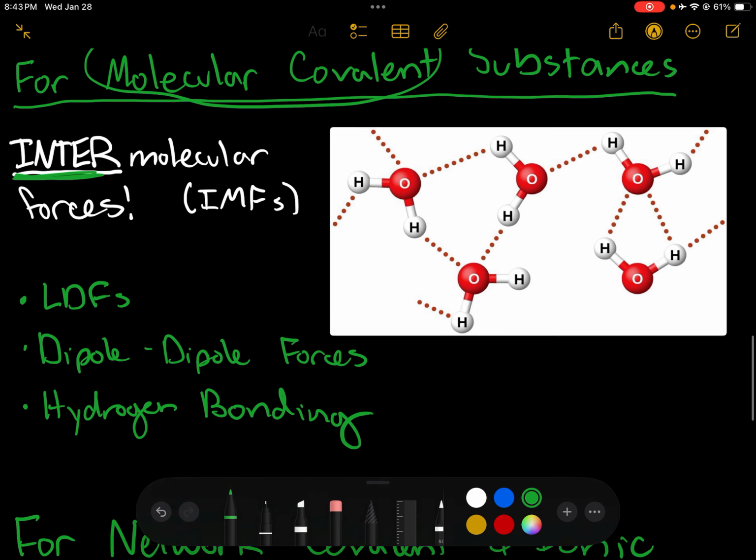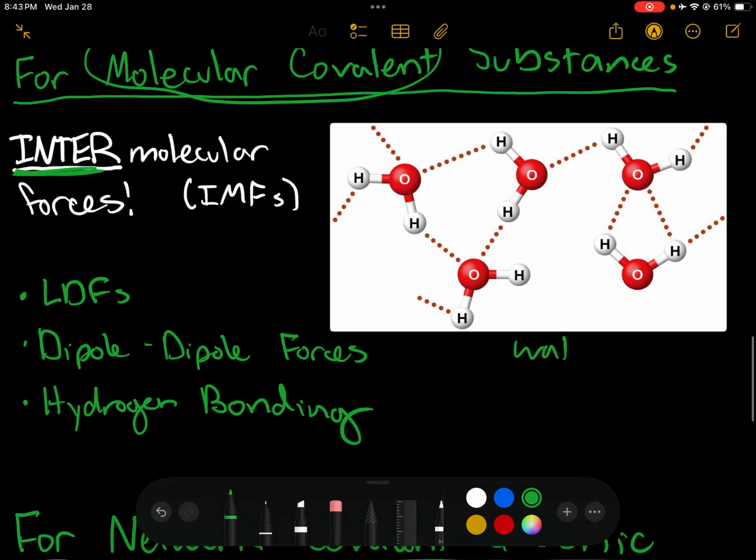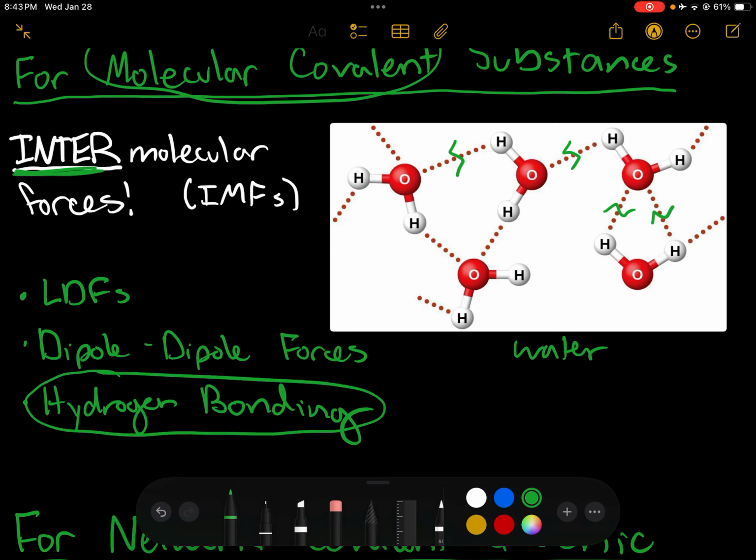So in this picture over here, which represents water, the intermolecular forces that would break would be these little dotted lines, because as we know, intermolecular forces are generally represented by dotted lines. In the case of water, the intermolecular force that's happening is hydrogen bonding. And so to melt water, we have to break a hydrogen bond.